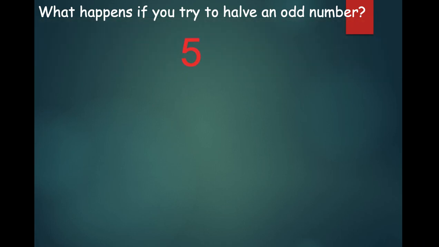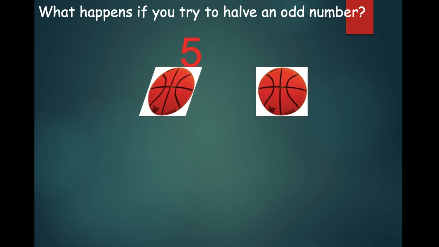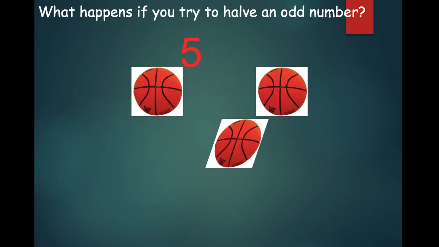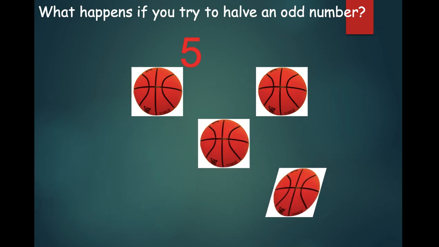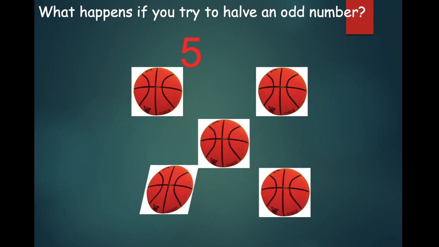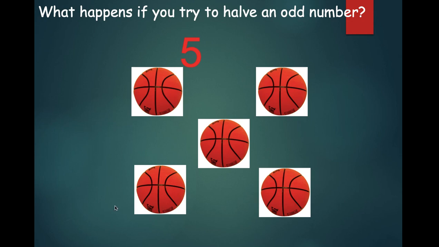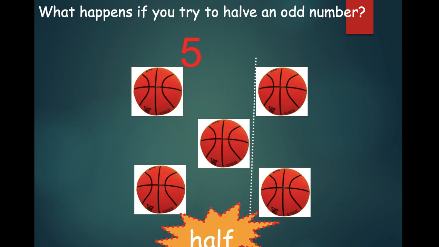So this is the number 5. Let me bring 5 objects here. So 4 and finally 5. Now I have 5 balls. First, let me try to divide them equally vertically. Okay? I tried to divide them.